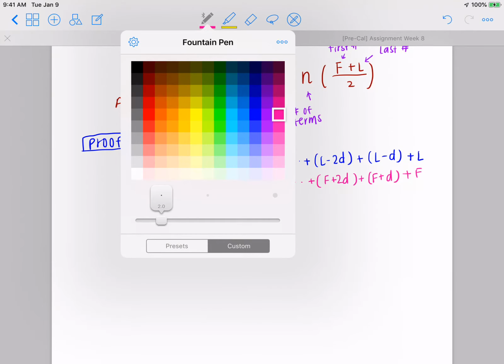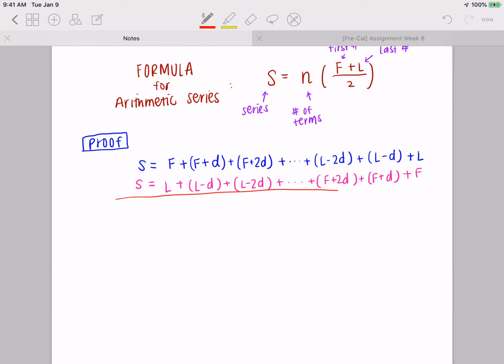Okay, and then now I'm going to combine these numbers together. S plus S is 2S equals this first part, we get F plus L, and then we drop our plus sign. And then what does this give you?